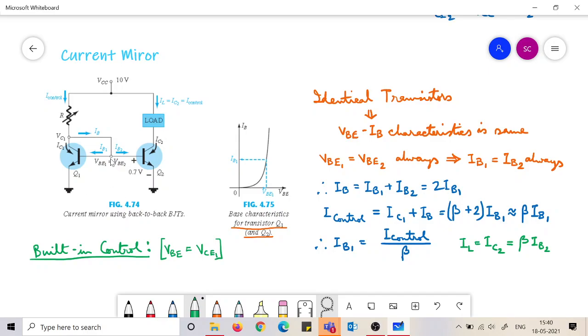This means that this base potential is the same for both the transistors all the time. The base potential is tied up together. So VBE2 and VBE1 are the same always.